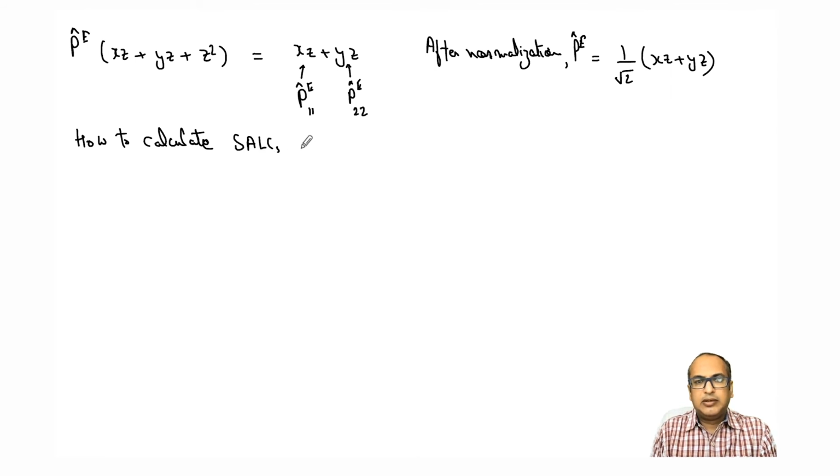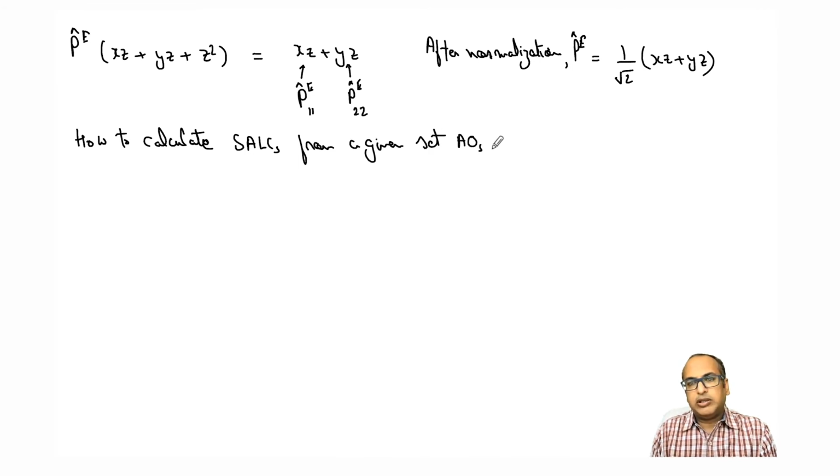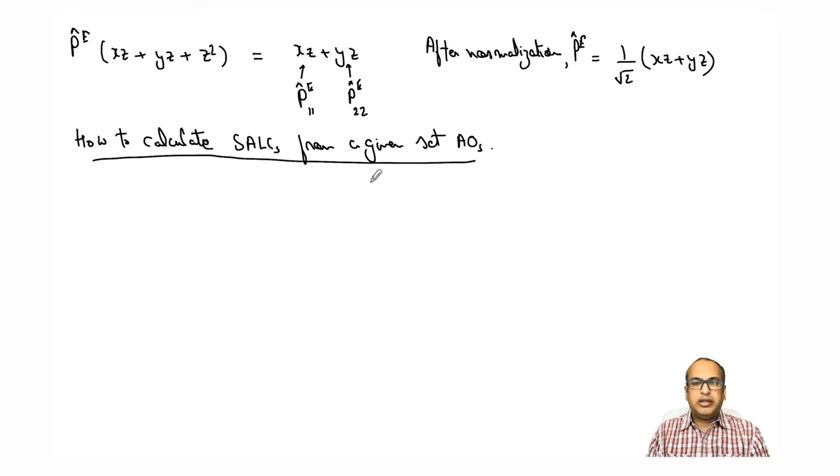SALCs from a given set of atomic orbitals, right? Remember we discussed that there are a set of atomic orbitals which upon linear combination give you a set of functions which will form a basis for an irreducible representation if we combine them in an appropriate manner.